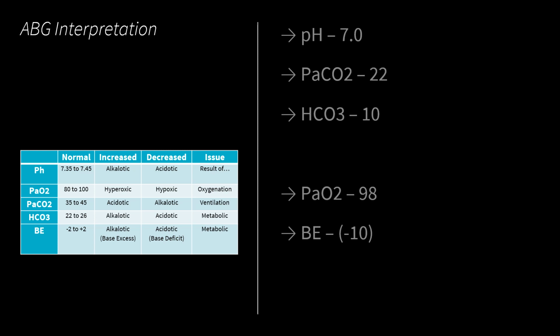And so anytime you have compensation, you ask one last question, which is, is it fully compensated or is it partial? To be fully compensated, the pH would have to have been returned to normal. And since we can see that it clearly has not, it's significantly lower than that, then it is only partially compensated. So if we advance the slide here, we'll have our complete answer and interpretation.